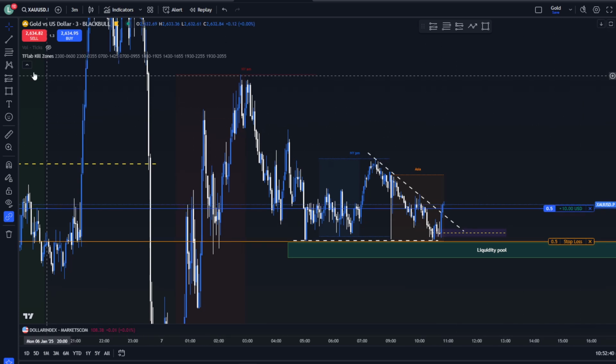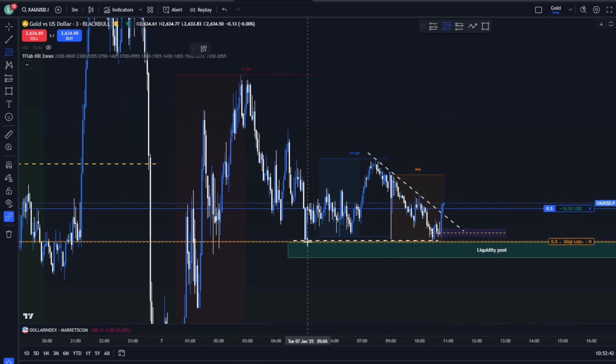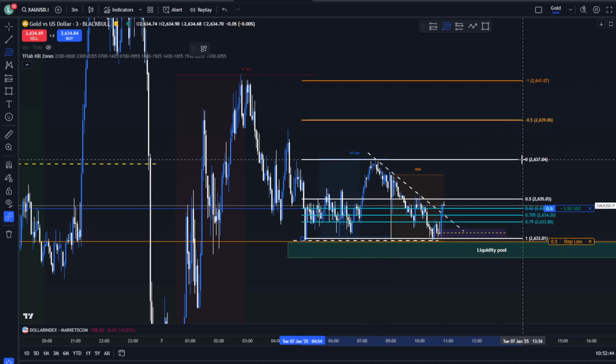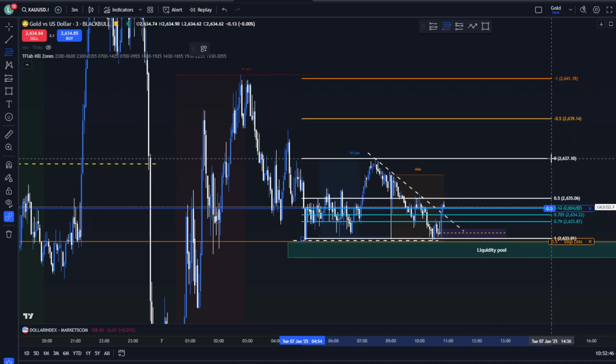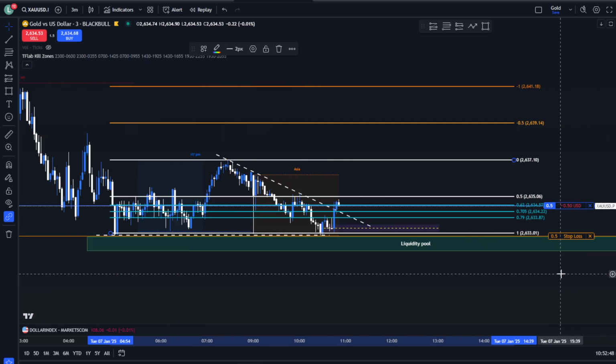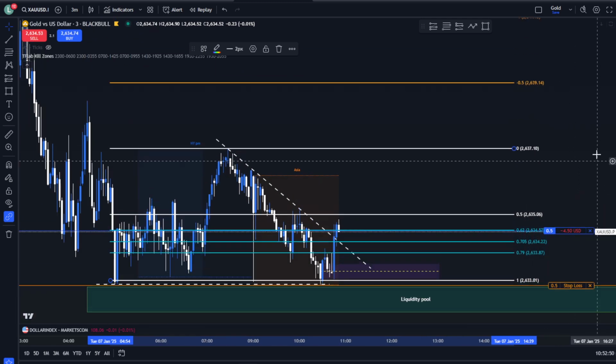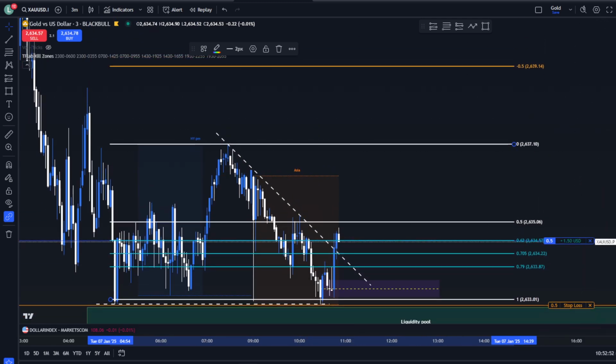We'll do our standard scaling out methods with a 50% take off up here, and at that point we'll move the stop loss to this 0.5 level, which will be in profit level.